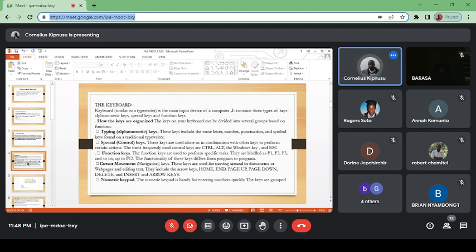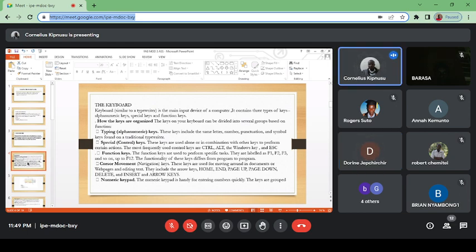And number two, we have the special control keys. Can we have Doreen reading for us? These keys are used alone or in combination with other keys to perform certain actions. The most frequently used control keys are Control, Alt, the Windows key, and Escape.